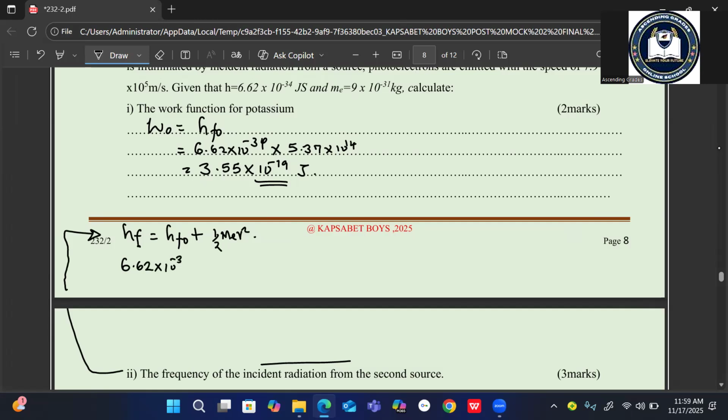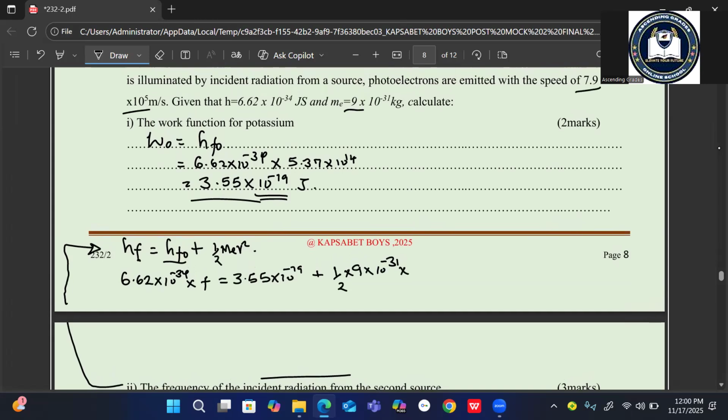6.62 times 10 raised to the power negative 34 times the frequency that we are looking for, f, is equal to the work function, which we have already calculated from the first question, 3.55 times 10 raised to the power negative 19, plus half times the mass of electron, 9 times 10 raised to power negative 31, times the velocity 7.9 times 10 raised to power 5 meters per second, and this one is squared.